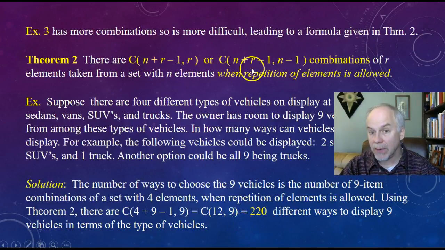Now that would be the same result if you did this, which would be 4 plus 9 minus 1, which is 12. And then 4 minus 1, which is 3. So 12 comma 3, that would also give you 220. And so that's another way to calculate it.